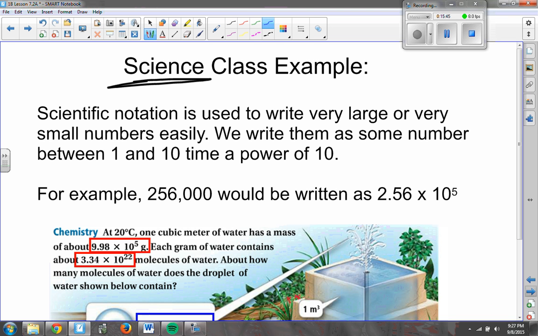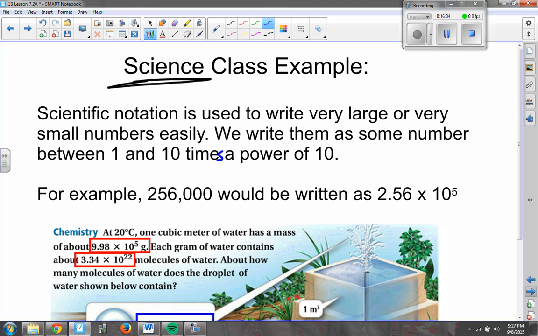Just as a little background, in case we are not sure of what scientific notation means, scientific notation is used to write very large or very small numbers easily. Okay? We write them as some number between 1 and 10 times a power of 10.